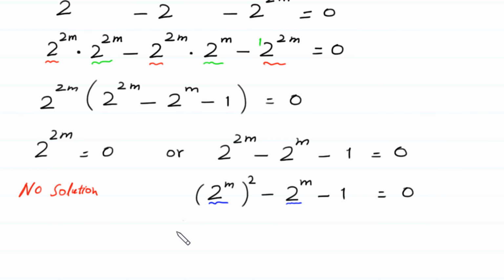So we suppose that 2 to the power m is equal to y, and we substitute y in this equation. Then the equation becomes y squared minus y minus 1 is equal to 0.